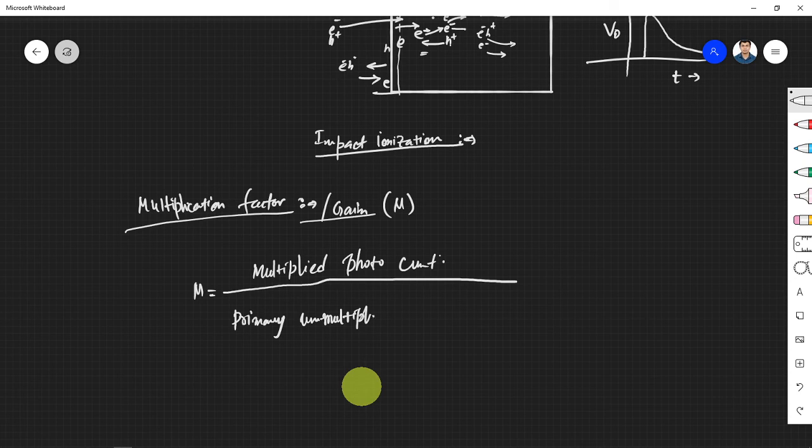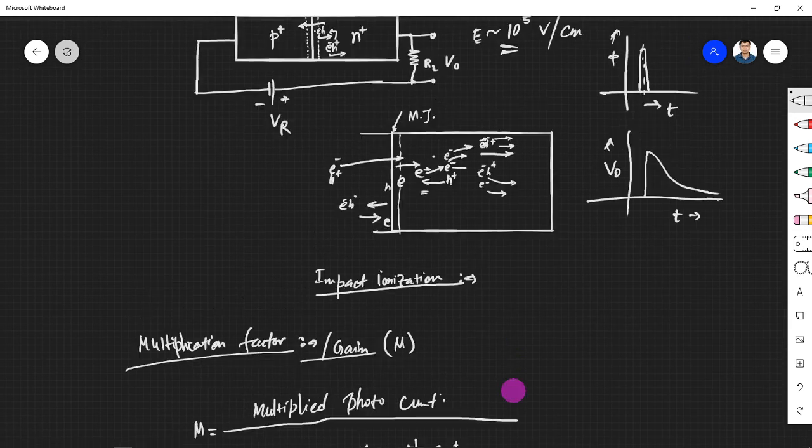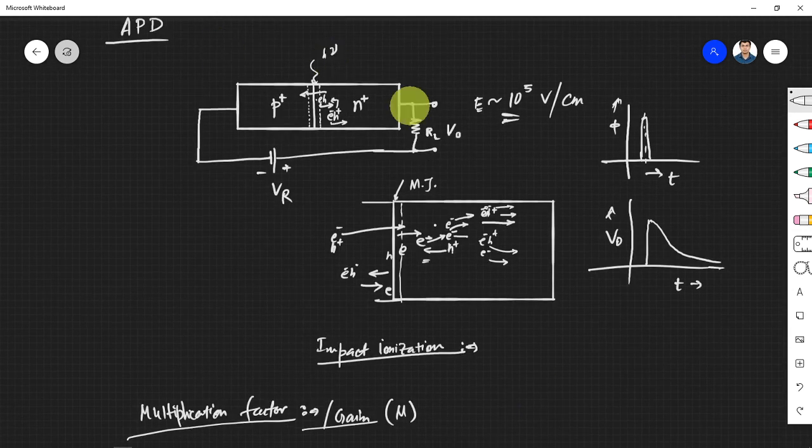Multiplied photocurrent means that when this photomultiplication process is taking place, we have applied a quite high reverse bias voltage so that the multiplication process has started.